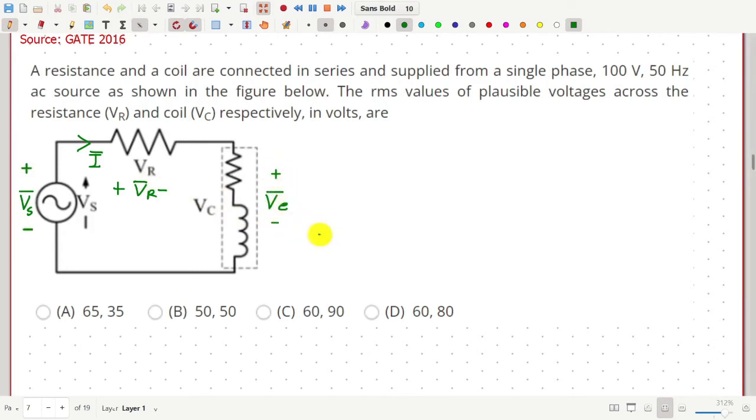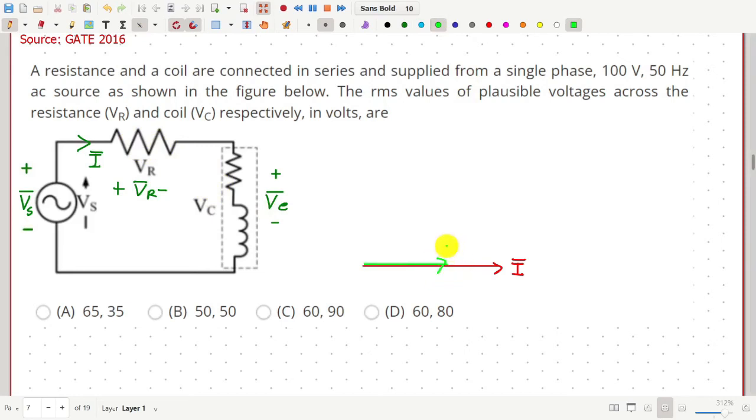Then let us draw the phasor diagram starting from the current I. If this is the current I bar, then the phasor voltage VR across the resistor will be in the same phase as the current.